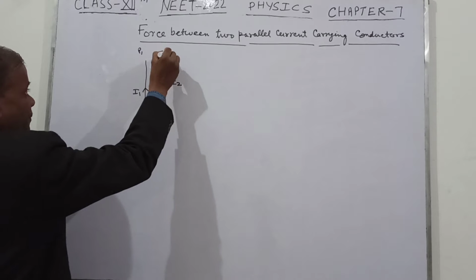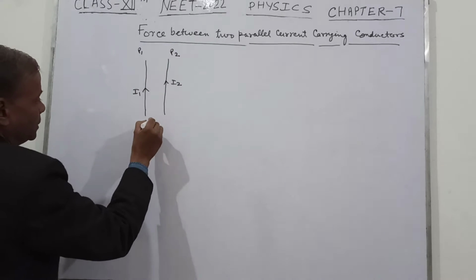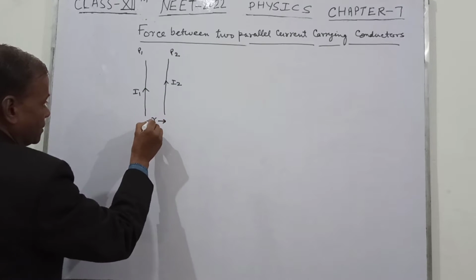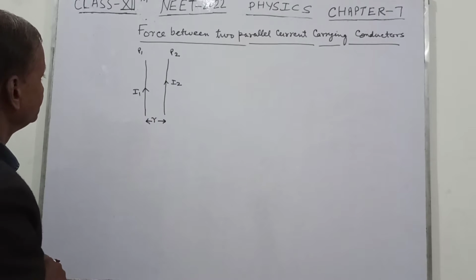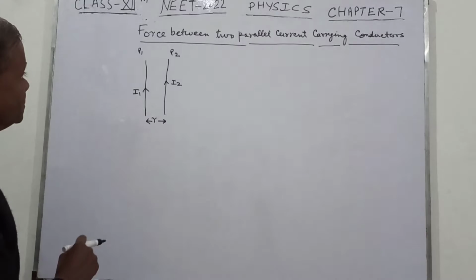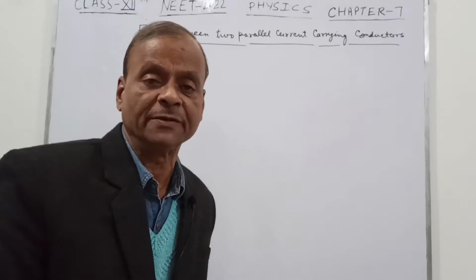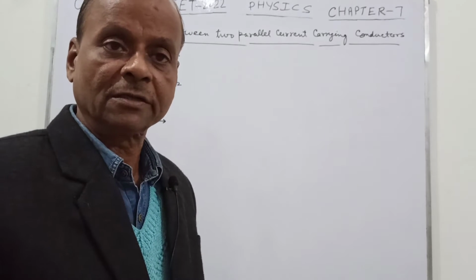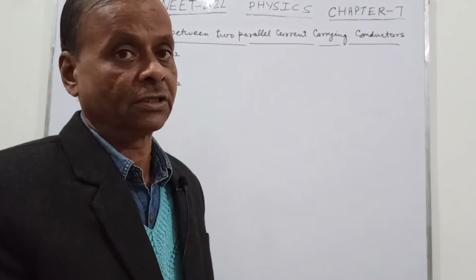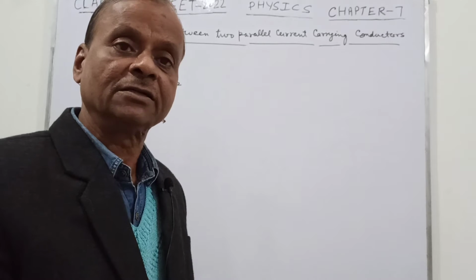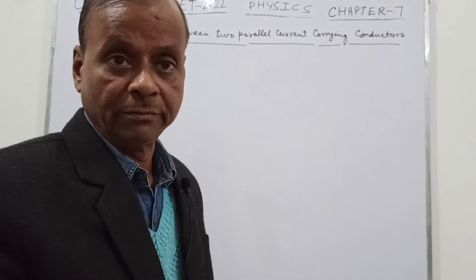This is the conductor P1, this is the conductor P2, and the distance between them is R. So we can say that the conductor P2 is placed in the magnetic field due to the conductor P1, and conductor P1 is placed in the magnetic field due to the conductor P2, because both the conductors will produce their own magnetic field.